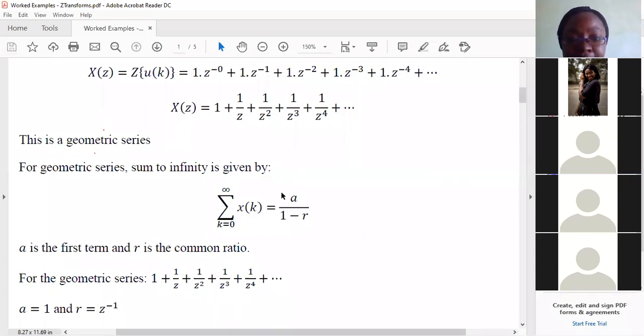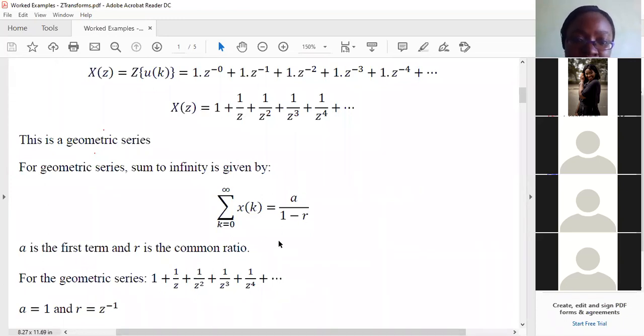So the formula, if you can remember from secondary school, to sum a geometric series from 0 to infinity, where a is the first term and r is the common ratio. The common ratio in this case is 1 over z, or z to the minus 1.